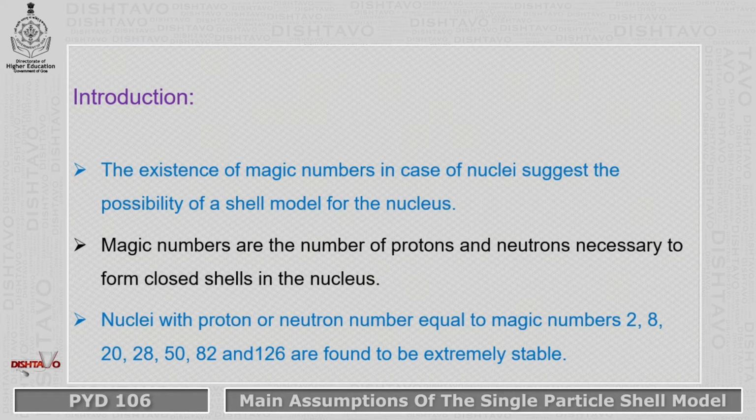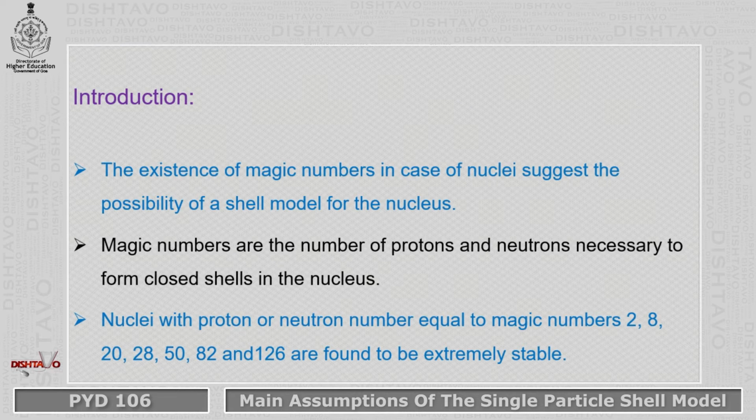The existence of magic numbers in case of nuclei suggests the possibility of a shell model for the nucleus. Magic numbers are the number of protons and neutrons necessary to form closed shells in the nucleus.